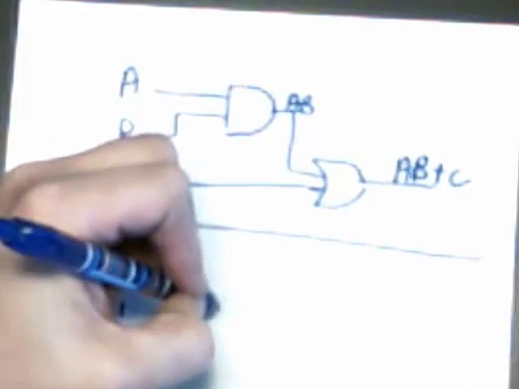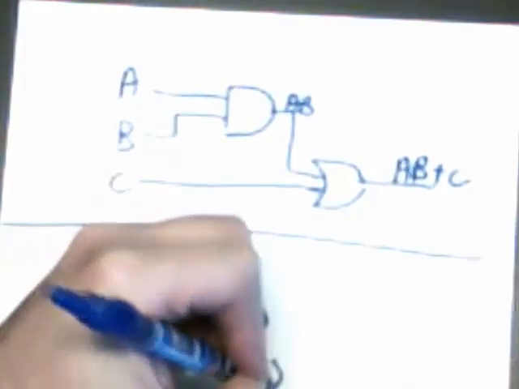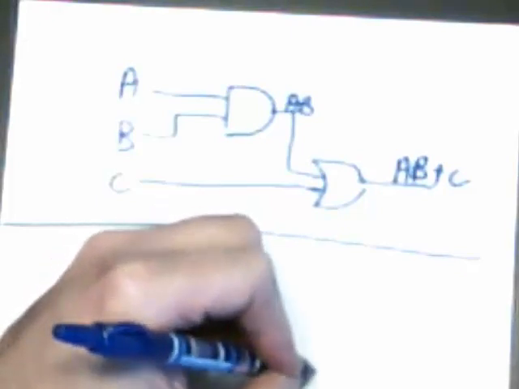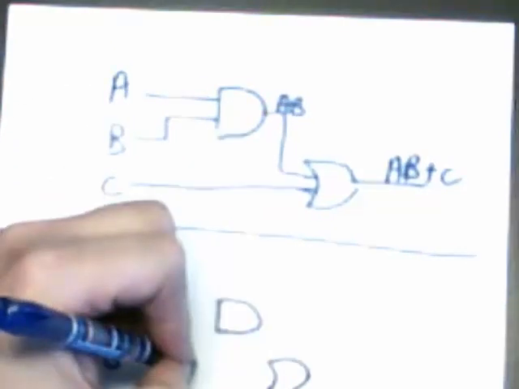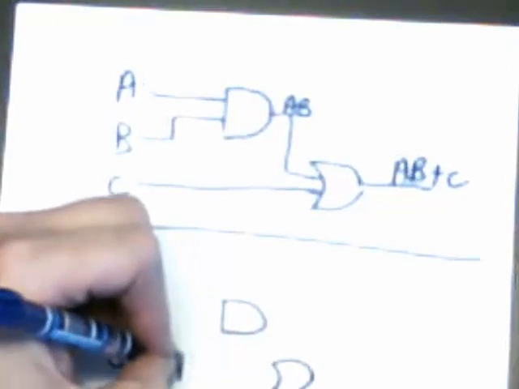Let's try another one. See if I can show you how these can get tricky. Here we go. This is what's going to make these things tricky, is can you follow the lines?